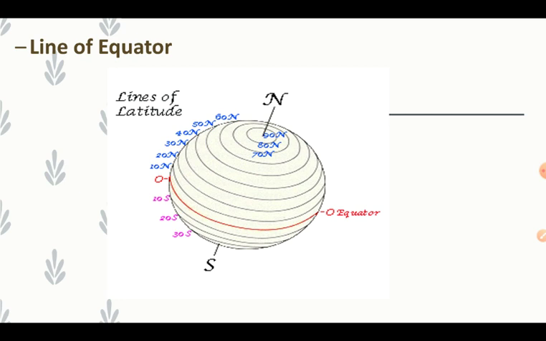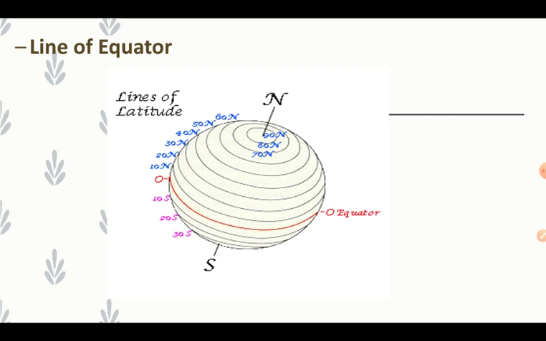In this picture, just because of space, I couldn't display 90 at first, but you can see 90 degrees in blue color. 60, then 70, 80 and 90, and the same applies in the southern part.